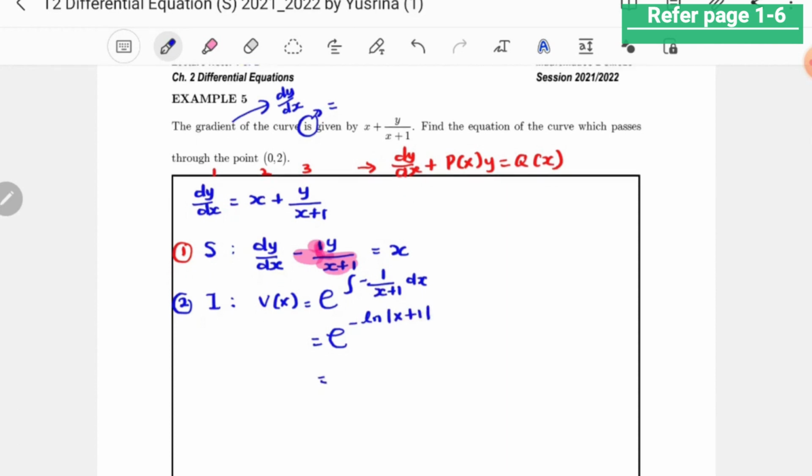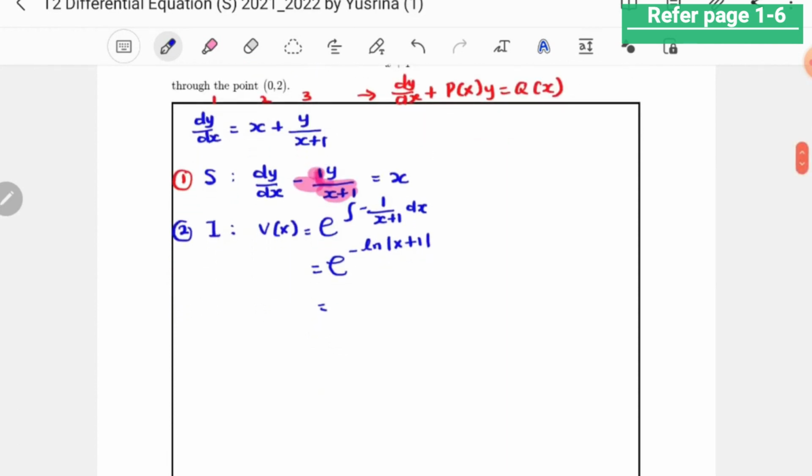Then by using the properties of logs, we simplify to exponent of ln(x plus 1) to the power of negative 1, which gives 1 over (x plus 1). This is the value of V(x).